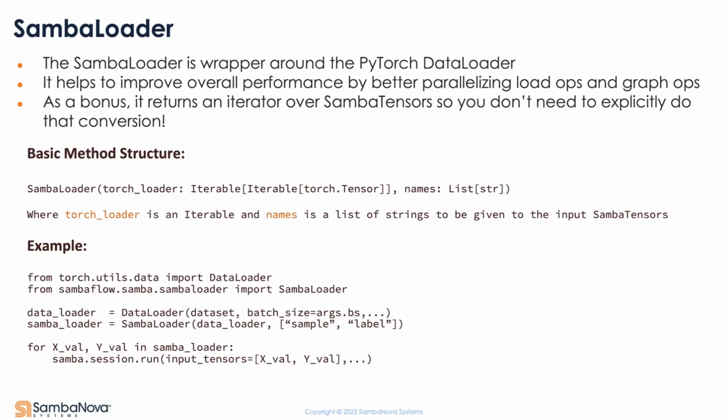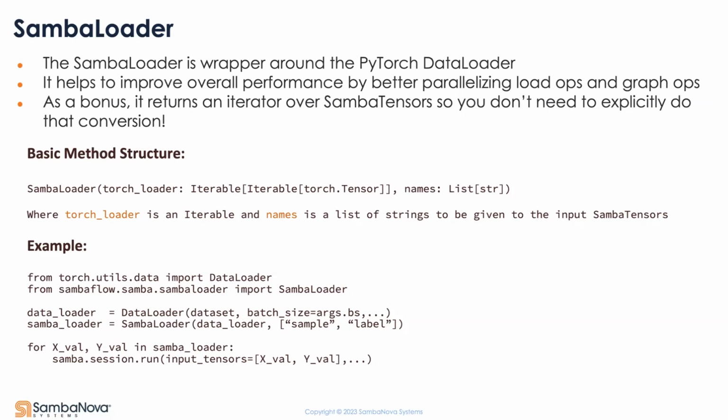Okay, and then here's an example. You import your data loader from Torch, you import the Samba loader from SambaFlow, define your data loader, and then you just wrap your Samba loader around that data loader. Then you can just loop over the Samba loader, and it's an iterator, so it gives you back Samba tensors for each call.